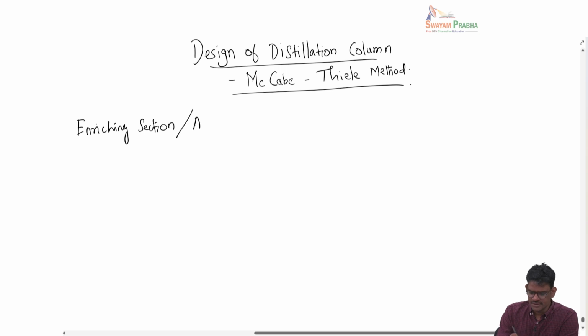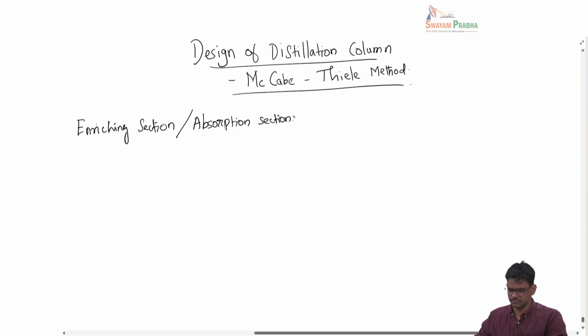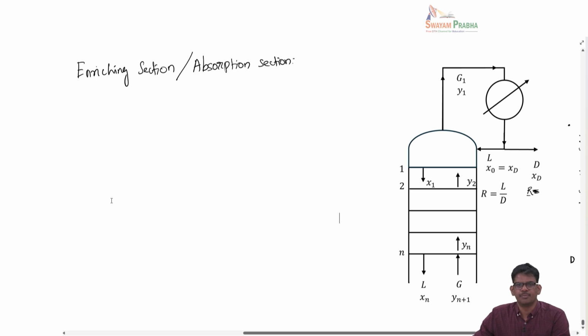This is also known as absorption section. So this is the upper part of the distillation column. So you can see that the feed is somewhere here. Okay, feed line is somewhere here, just below. I'm only showing the part above the feed line, and plates are numbered from the top as 1, 2, and all the way up to some small n.